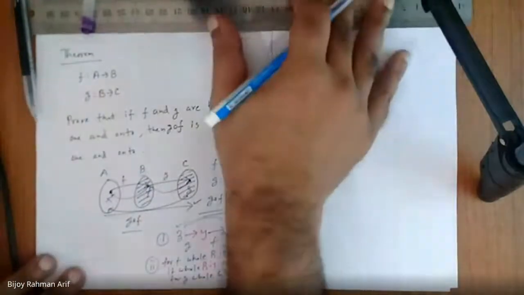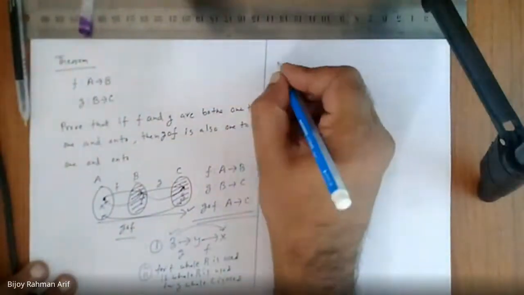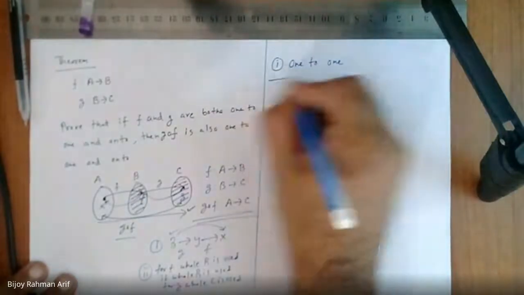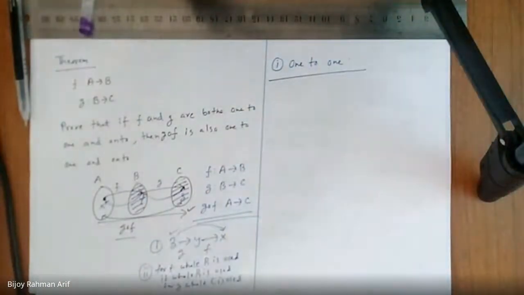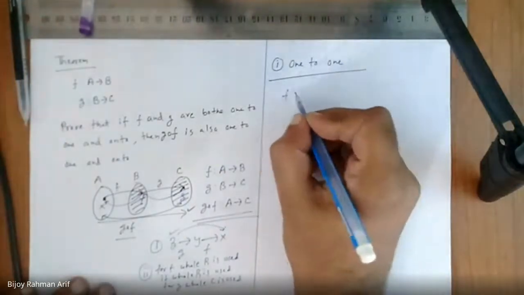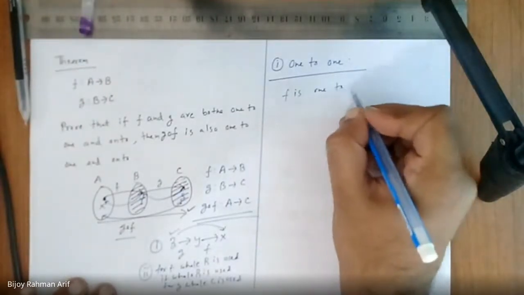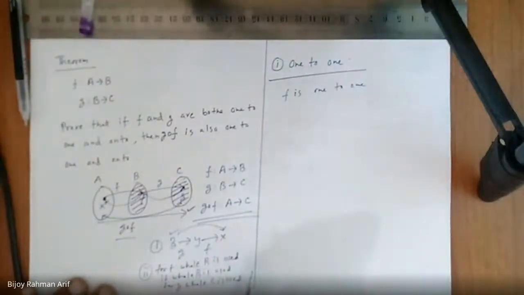So let's try this. Number 1, one to one. So think this way. F is one to one.